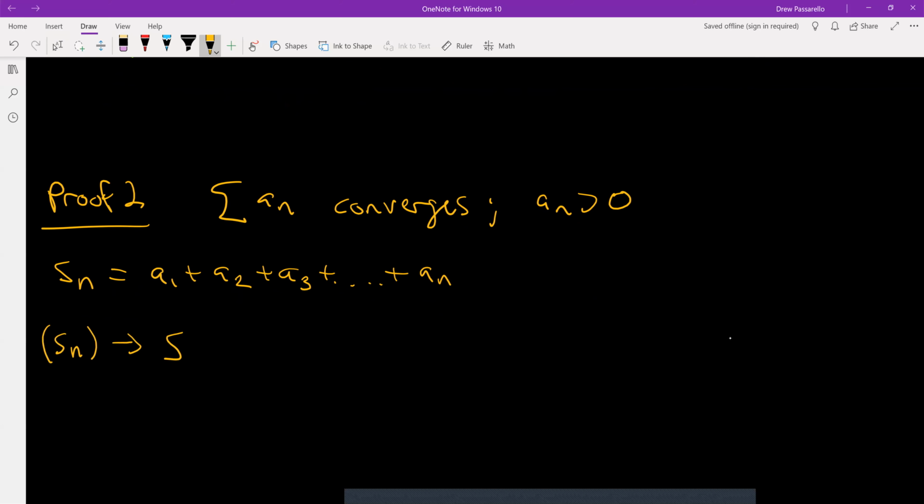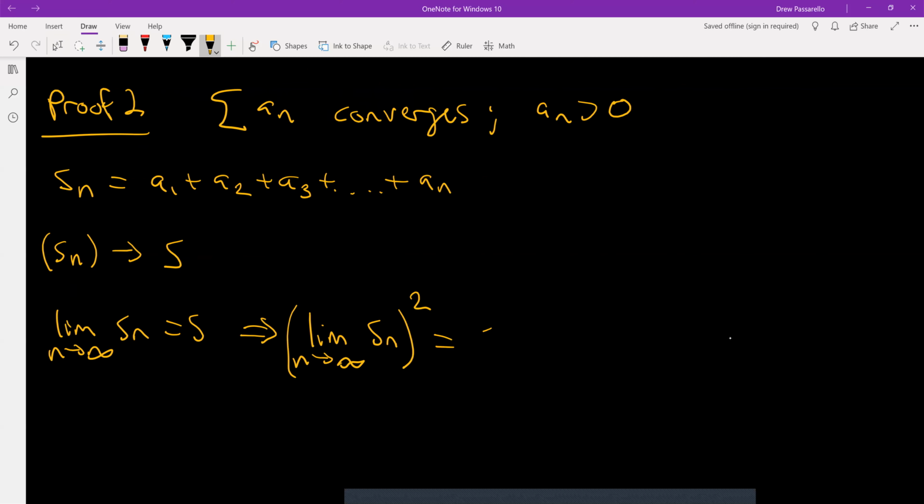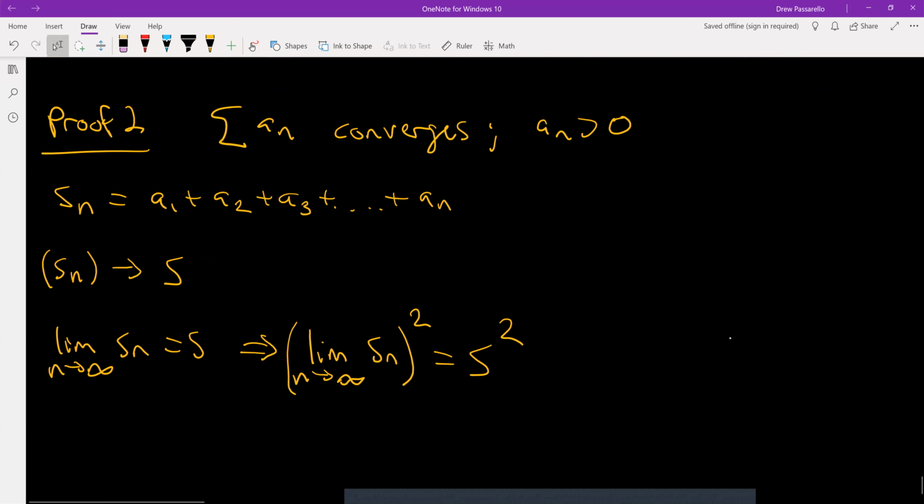It converges to S. Then squaring the limit: since the limit as n goes to infinity of S_n equals S, squaring the limit is equal to S squared. Nice. So we know that's the case for the S_n's, where the S_n's come from the partial sums of the series of a_n.